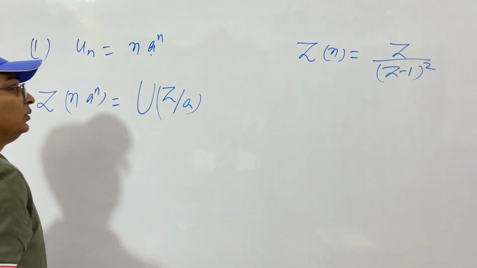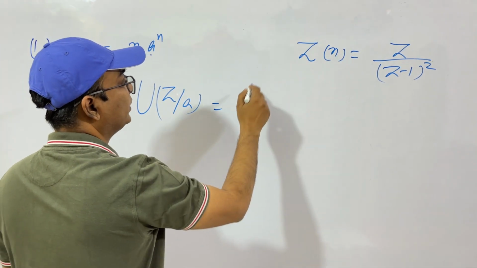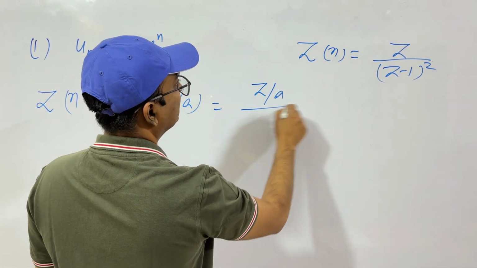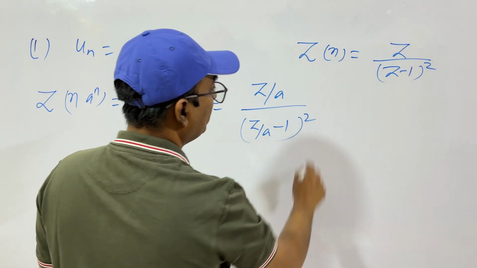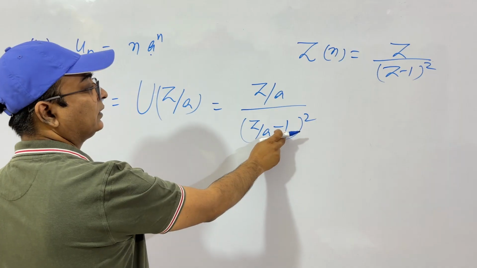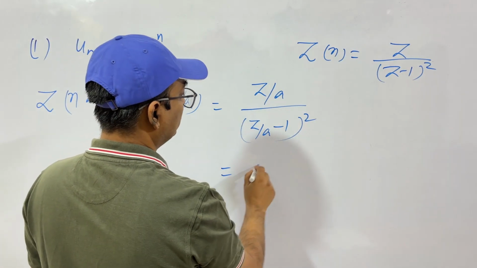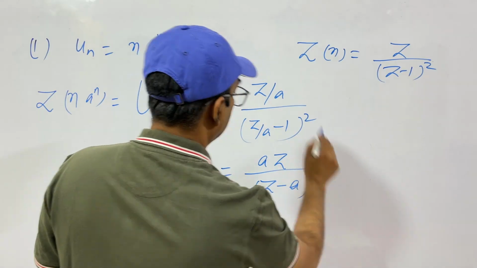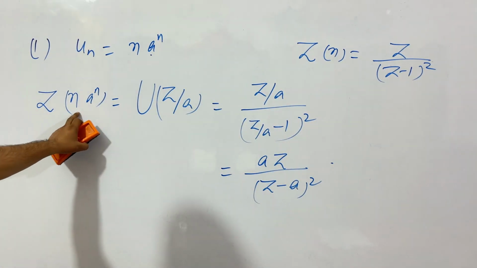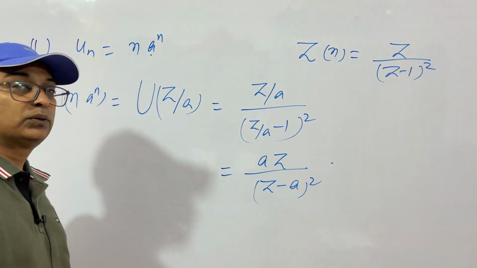This you know, and U of z is this one. So we replace z by z by a. That is z by a upon z by a minus 1 squared. Now this a, if you take it here, this will be a squared up. So what you will get is a z upon z minus a squared. So the z transform of n a to the power n is az by z minus a squared.